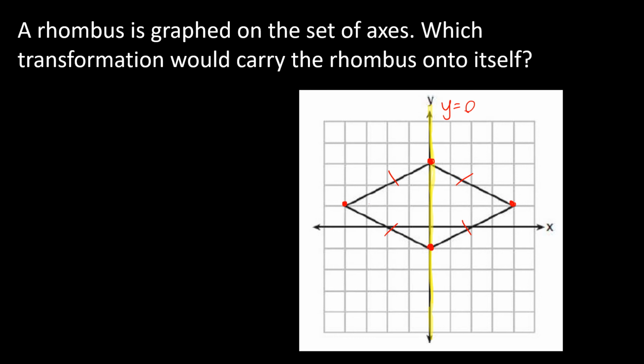So if I reflect this point on the right over to this point on the left, I would have the same exact point. So that means that the only line of reflection that maps or carries the rhombus onto itself would be the y equals 0 line.